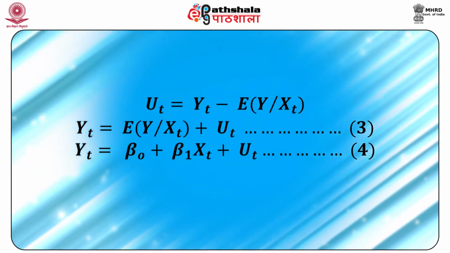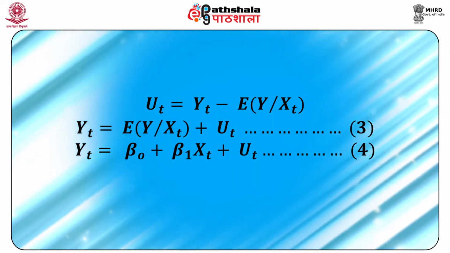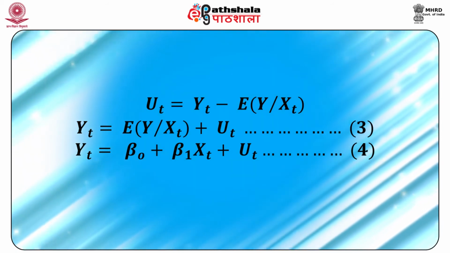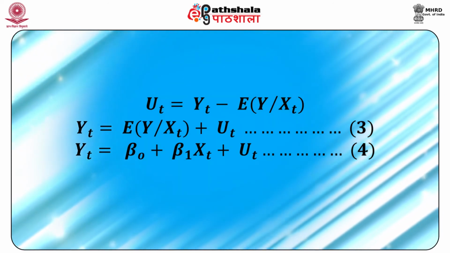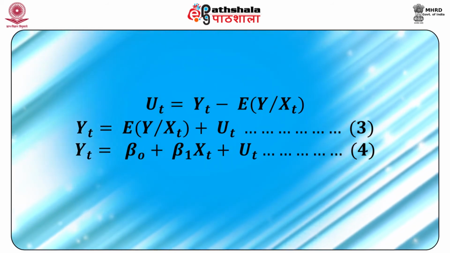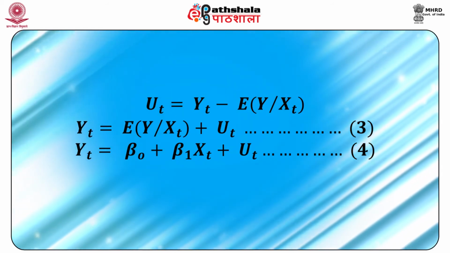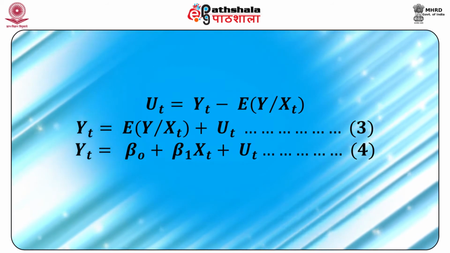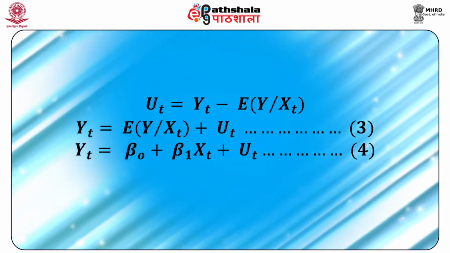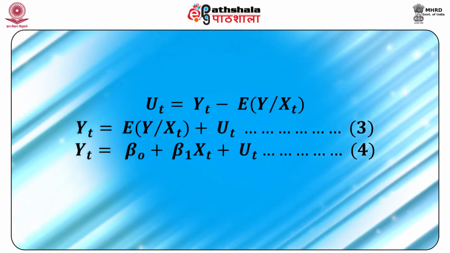Similarly, yt is equal to expected value of y given xt plus mu t. Now this is our equation 3, and we have another equation, which is that yt is equal to beta 0 plus beta 1 xt plus mu t, which is equation 4, which we have obtained by substituting the value of expected value of y given xt.